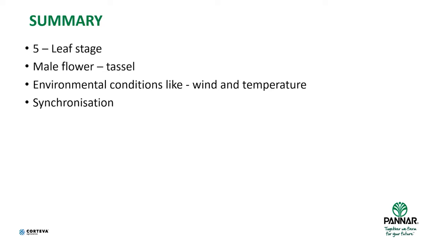Environmental conditions like wind, temperature and humidity play a major role in the success of pollen and fertilization, and you must always have good synchronization between pollen and the silks to have good fertilization in the end.